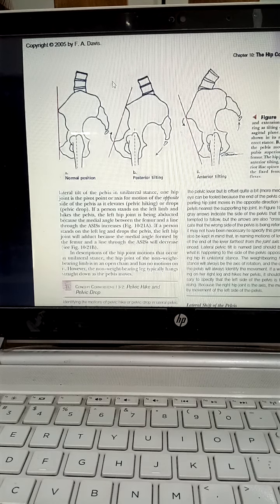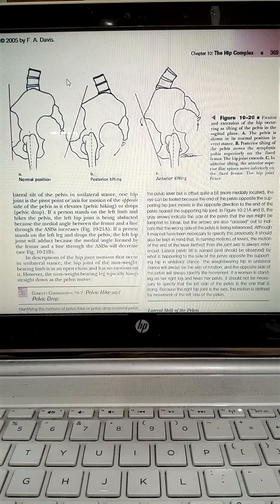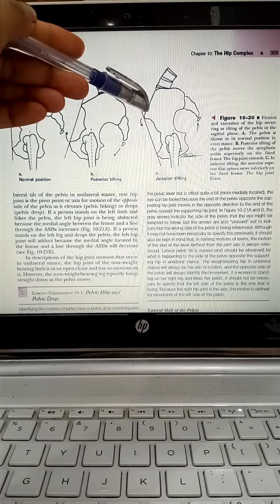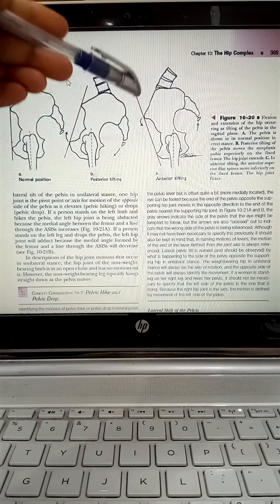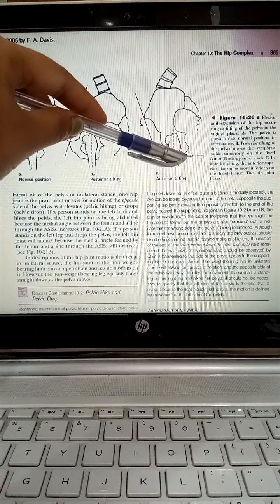Now next is anterior tilting. In anterior tilting, what will happen? The pelvis will tilt anteriorly. Now what are the changes? When the pelvis tilts anteriorly, the ASIS will move inferiorly and anteriorly, and the sacrum will move away from the femur.